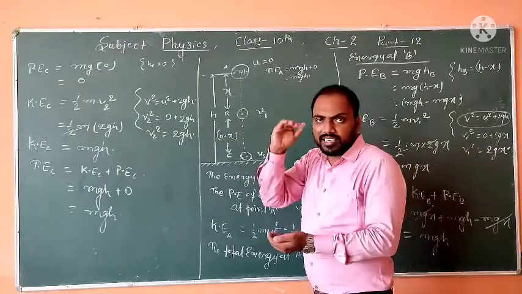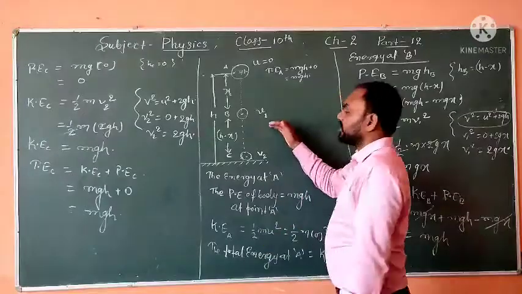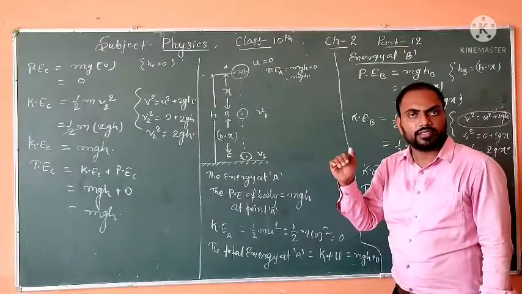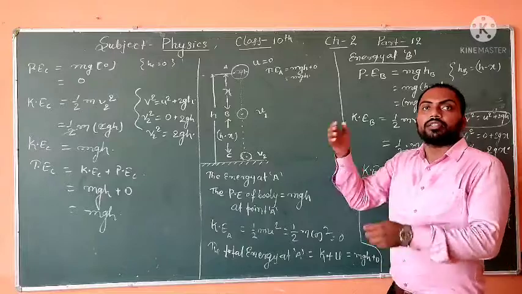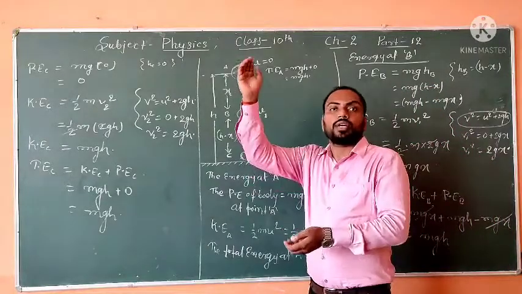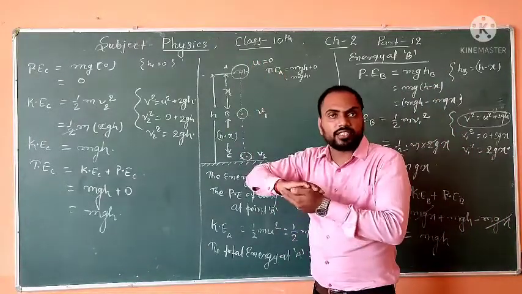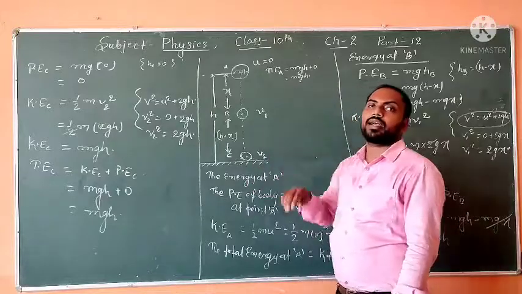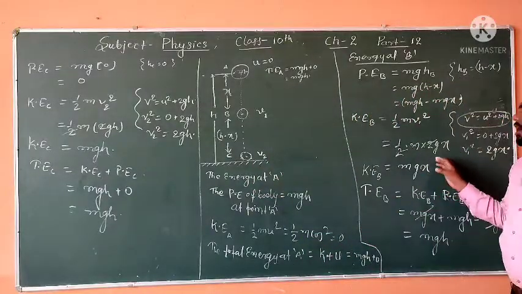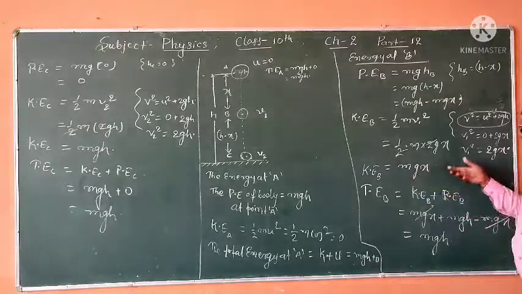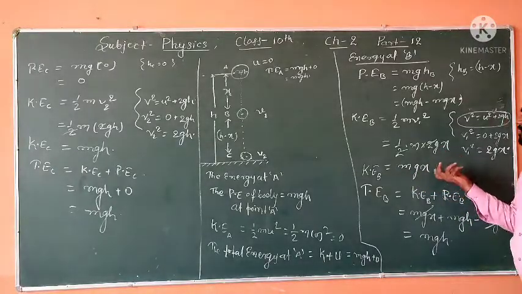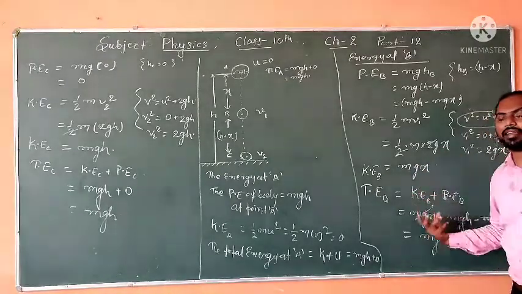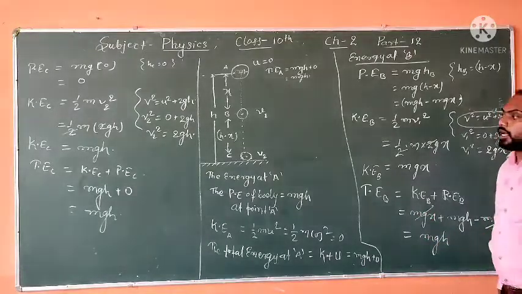As it is decreasing its height, its potential energy decreases, and that potential energy is converted into kinetic energy. That's why the sum total of potential and kinetic is mgh.